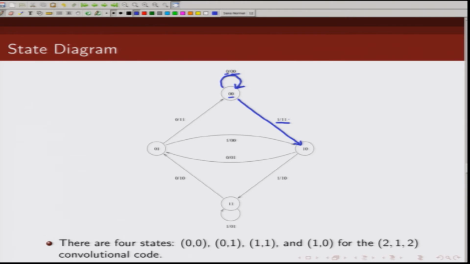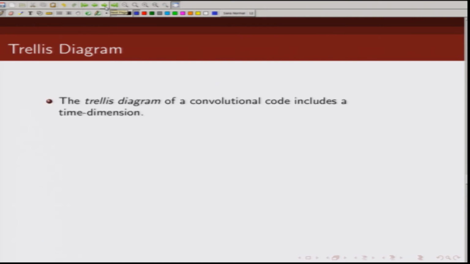I show by a directed graph transition from state 0 0 to state 1 0, and I am labeling this state transition by the corresponding input and output. So, 1 is the input and after slash I have the output. Similarly, you do it for all the states.